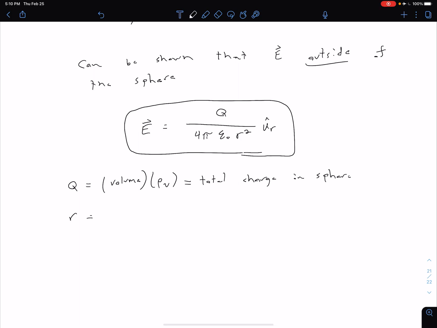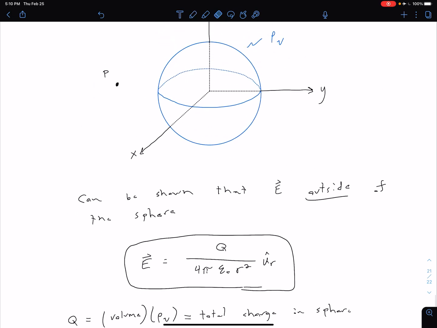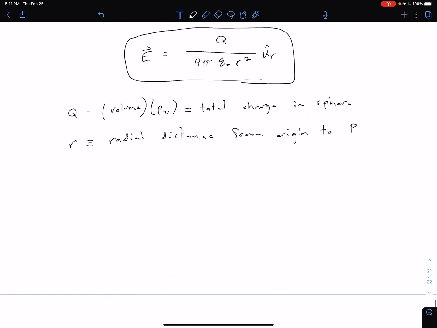Our r, we see the r squared in the denominator, is going to be the radial distance from the origin to the observation point, in this case P. If we were to draw this out, our r would look something like this, the radial distance from our origin to point P. And then u sub r is just the unit vector in that direction.